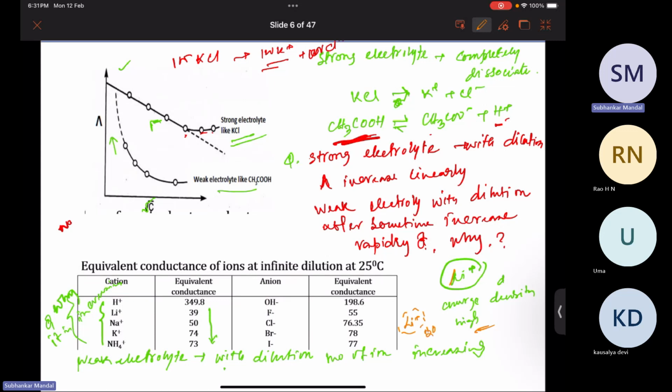So when it is highly hydrated, the size of the hydrated lithium ion is quite bigger compared to hydrated sodium. That means hydrated sodium ion size is smaller than hydrated lithium ion. So the conductivity increases from lithium to sodium to potassium, and ammonium is almost comparable with the potassium ion. Is it clear?